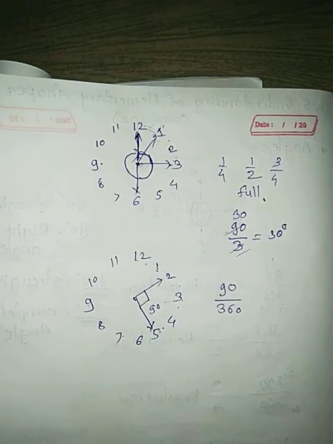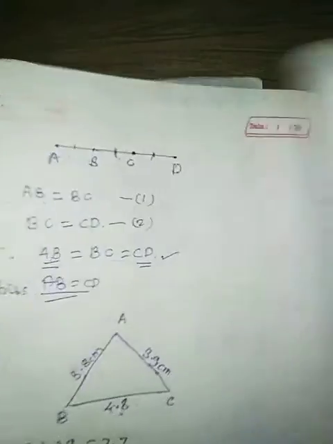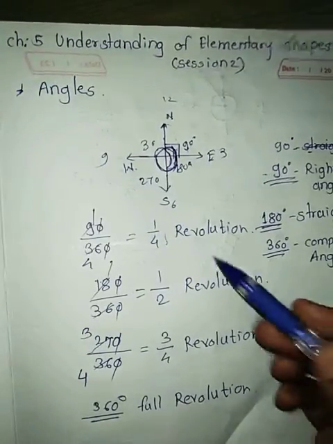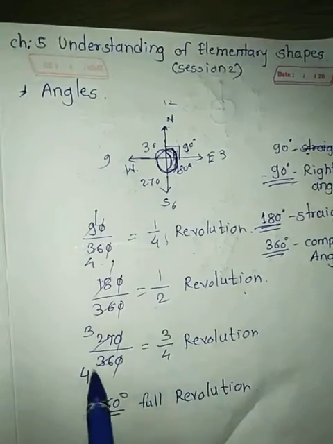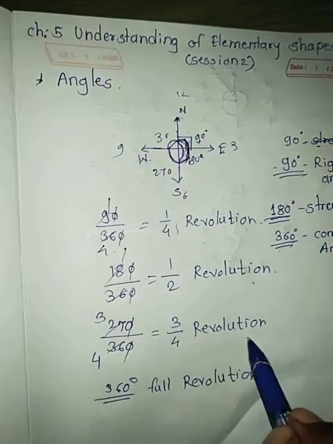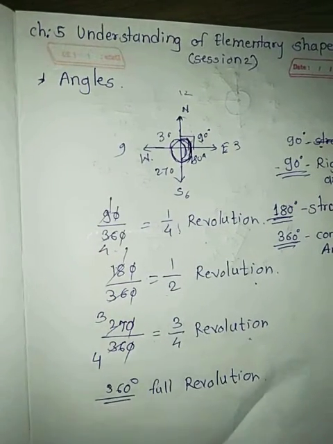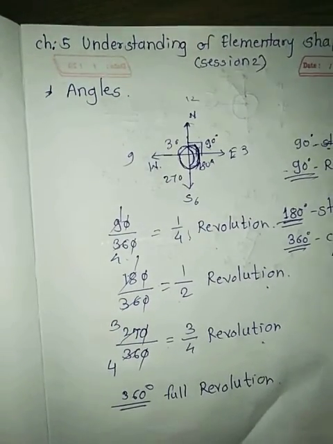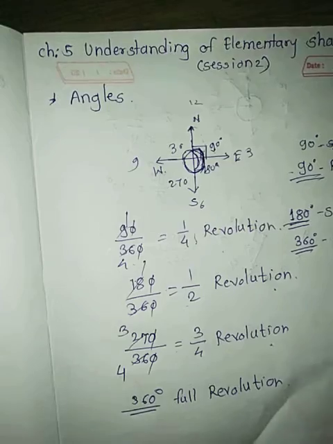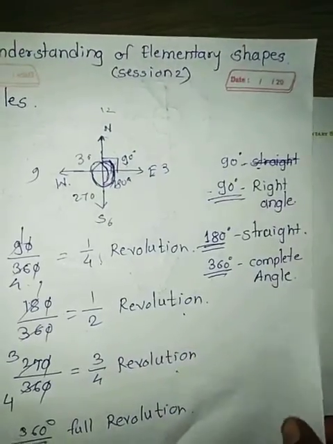Like directions, I already explained here. See, 90 degrees means 1 by 4th, 180 means 1 by 2, 270 means 3 by 4, and 360 means full revolution. 90 degrees is a right angle, 180 is a straight angle, and 360 is a complete angle.